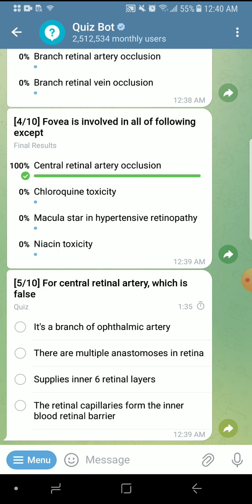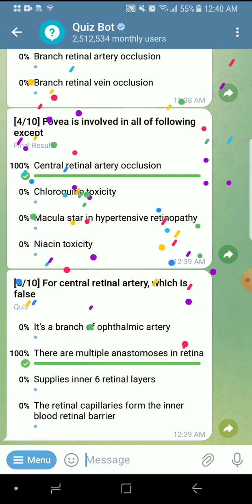Just assume I don't know about the B option, but I know that the central retinal artery capillaries form the inner blood retinal barrier. The outer barrier is formed by the RPE layer, Bruch's membrane complex. So B option is wrong. Actually, there is no anastomosis. It is an end artery. That is the wrong option and the correct answer.